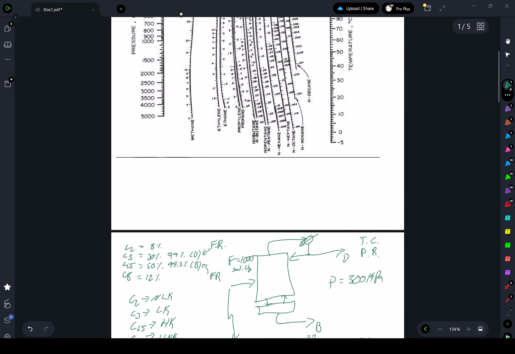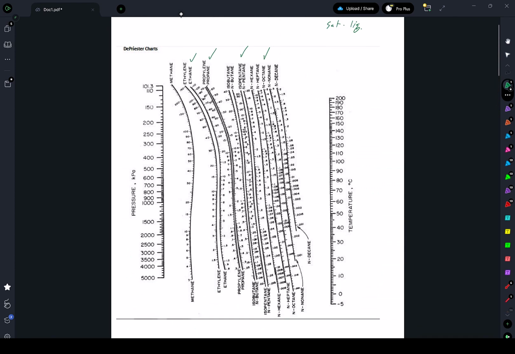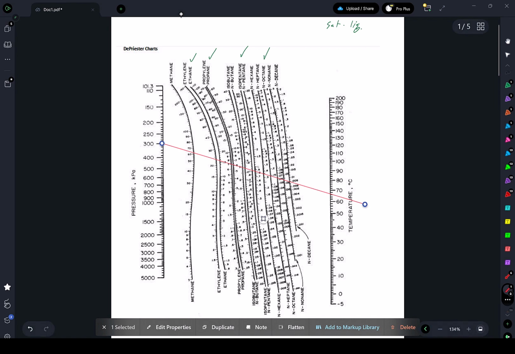Let's come up here. We know that we're going to be starting at 300, so let's create a line there. We have our propane that we want to be greater than 1, but we also want our isopentane to be less than 1. So our isopentane less than 1 is here. This also gives us a value greater than 1 for our propane, so let's just stop it right there.